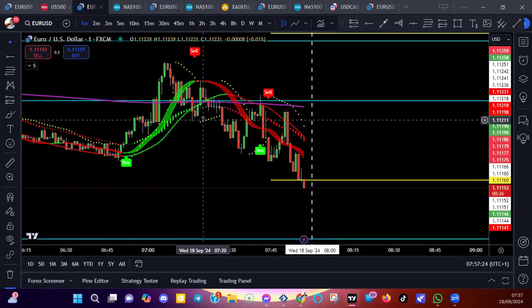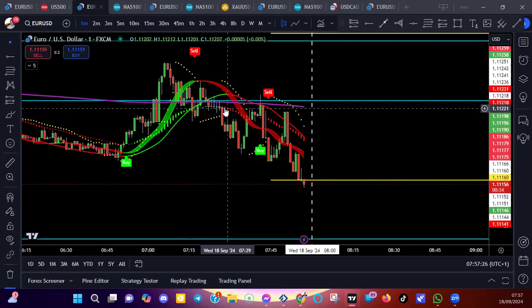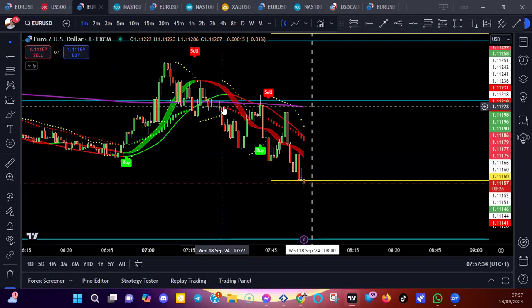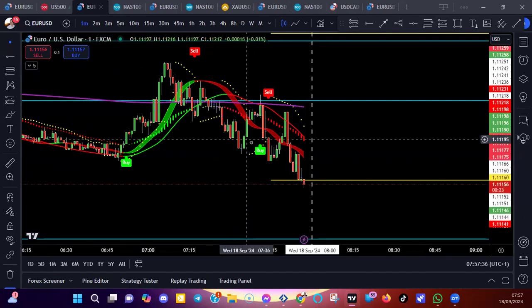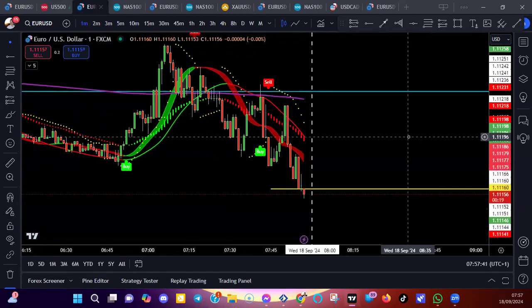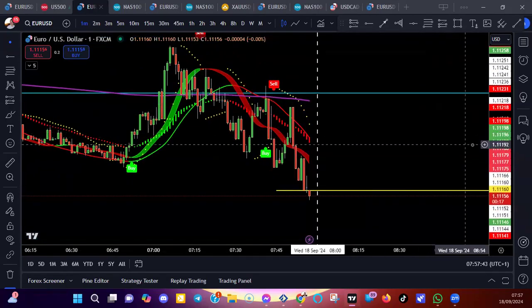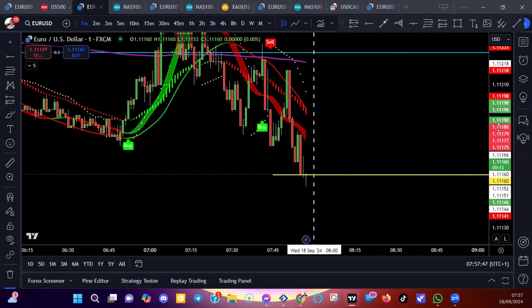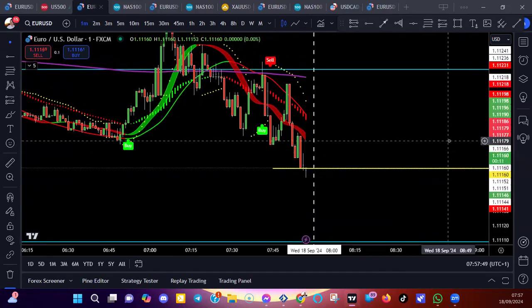That would be the sell, and look, the conditions were not good. We would have lost that trade because that's where we would have put our stop loss. And as you can see, too much shenanigans going on. Obviously, that trade would have been a loser. So we'll use that as a precautionary tale.